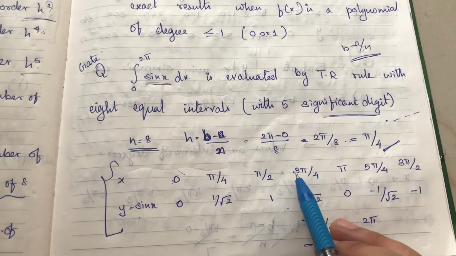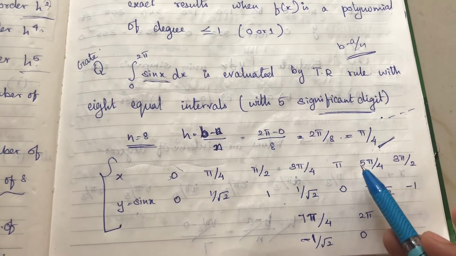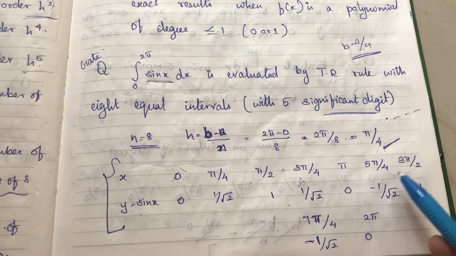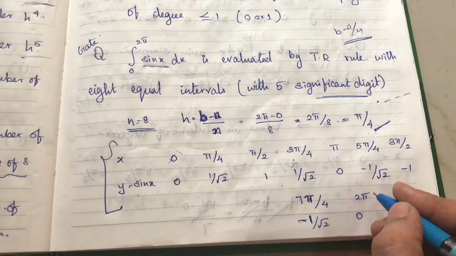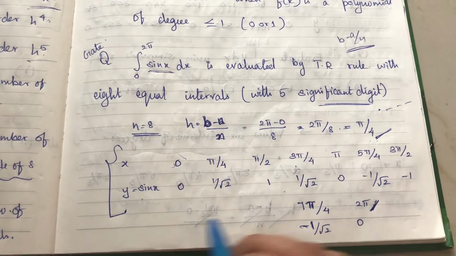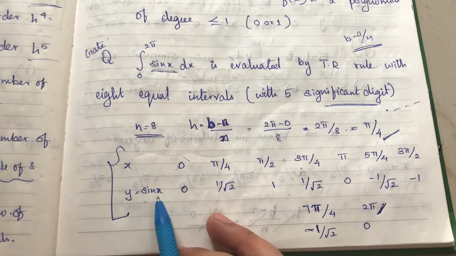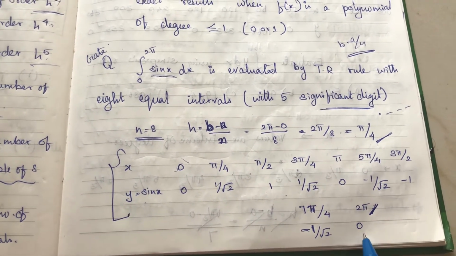Again plus pi by 4, 3 pi by 4. Again plus pi by 4, pi. Again plus pi by 4, 5 pi by 4. Again, 3 pi by 2. And then up to 2 pi, which is the last limit. And then just find the values in terms of sin x, so we'll get the values.